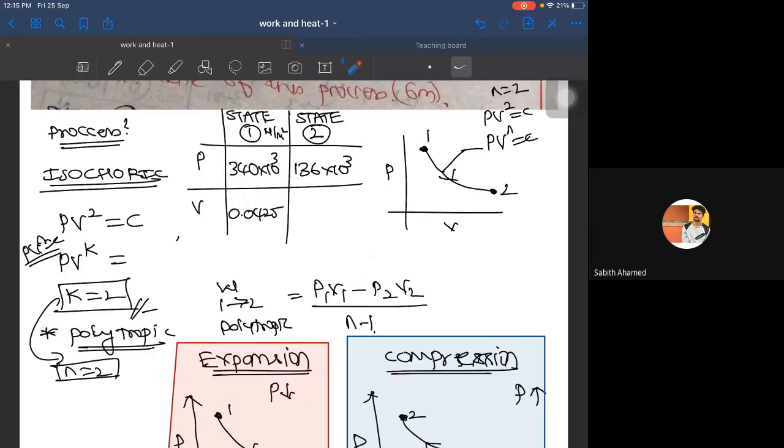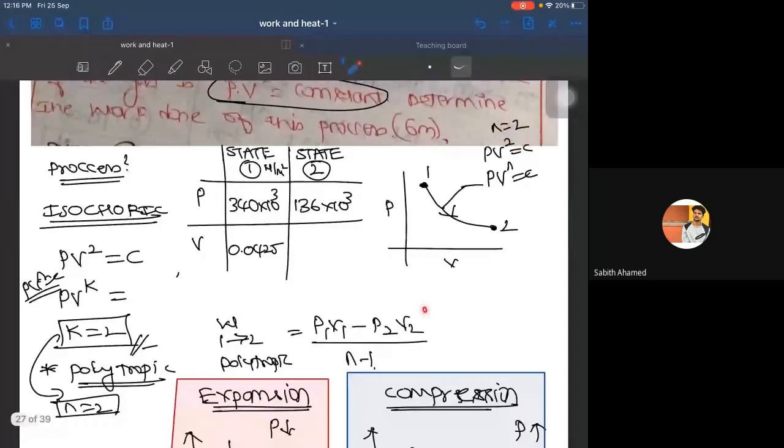Do I have the value of P2? Yes, so you have the value of P2 here. Do I have the value of n? Yes, so n is also there. Do I have the value of V2? No. So I need to calculate somehow the value of V2, is it?